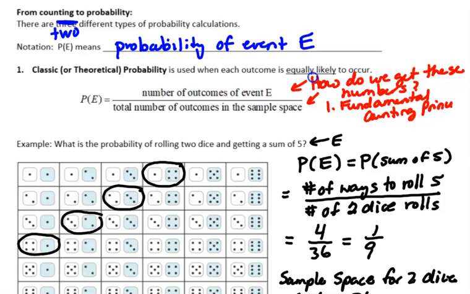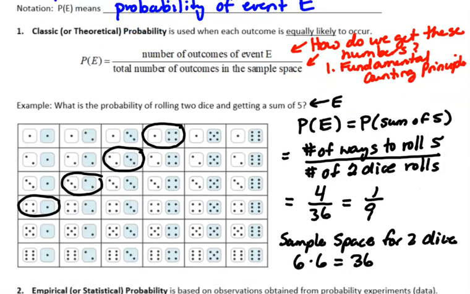That's how I did the total number of outcomes in the first example here. Number 2 would be a tree diagram, or some sort of chart showing possibilities like this one. I've diagrammed out all my possibilities here. So that would be another way to get the total number in the sample space.